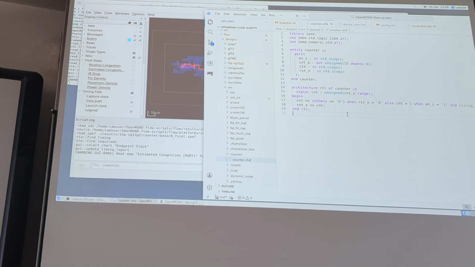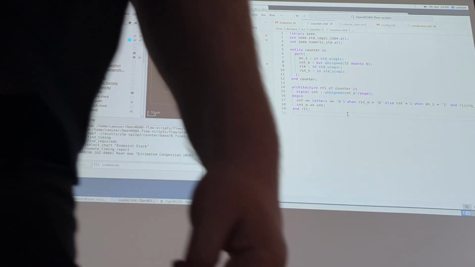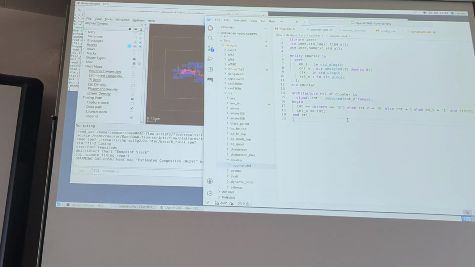Which counter are you talking about? The counter example in OpenROAD? Yeah, I don't have that yet. Why not? Because I've been playing catch up. I'm struggling with another module at the minute, so I've been putting more time towards that. Okay. Like I told you last week.